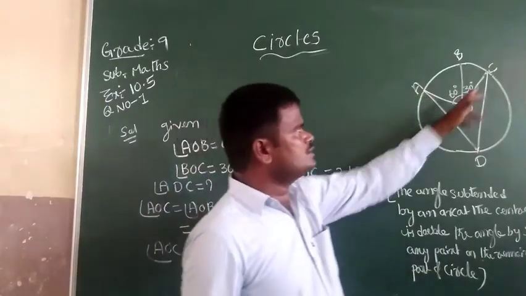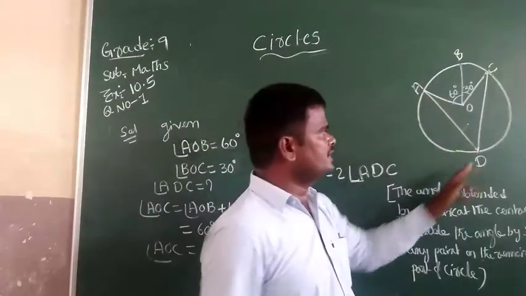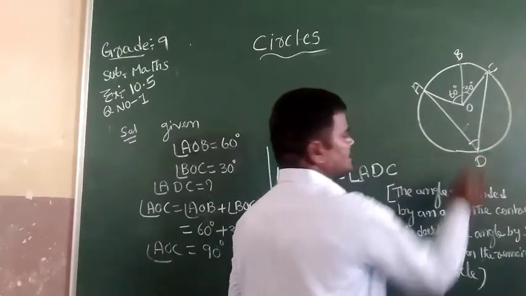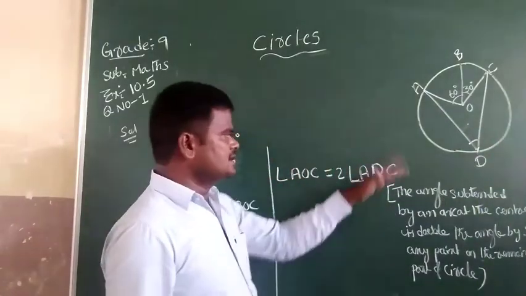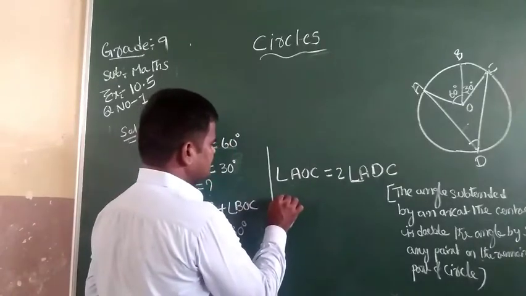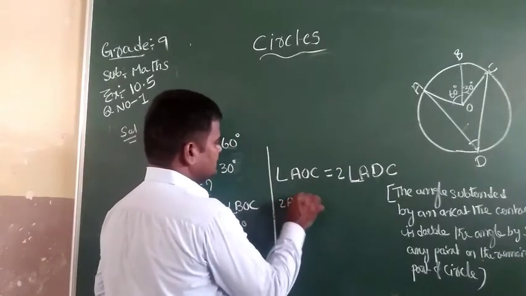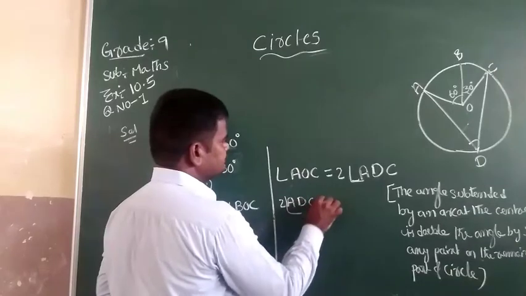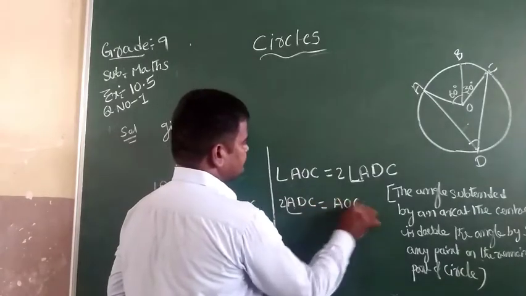So angle AOC equals 2 times angle ADC. Rewriting this equation, 2 times ADC equals angle AOC.